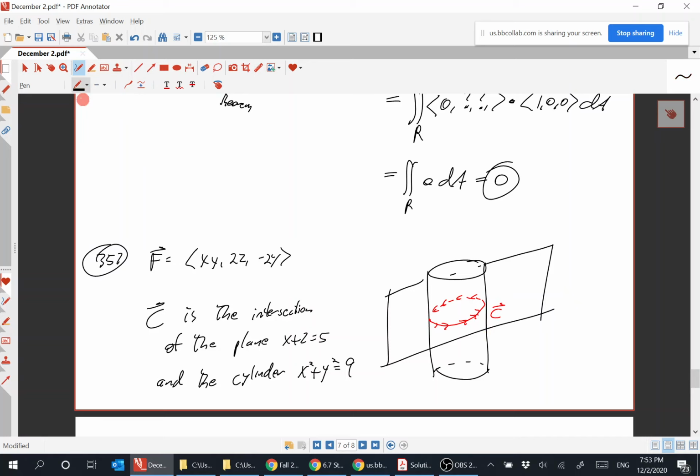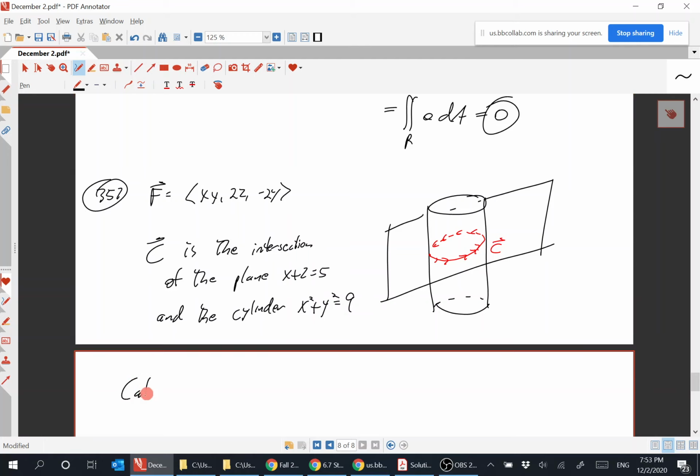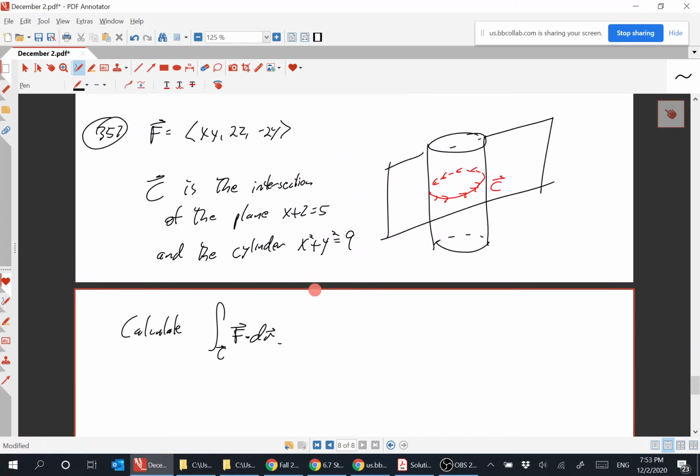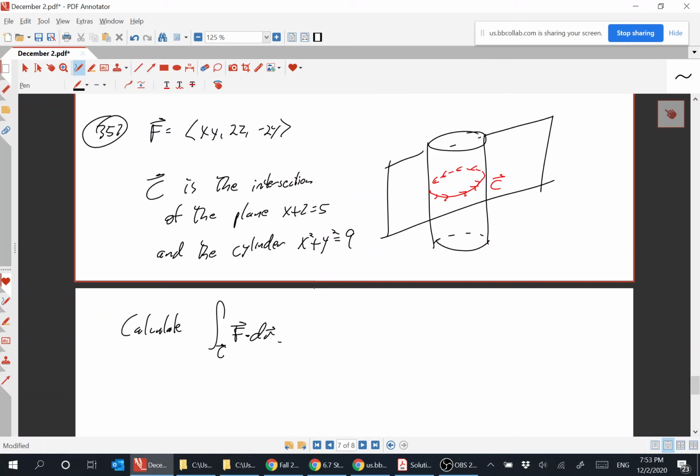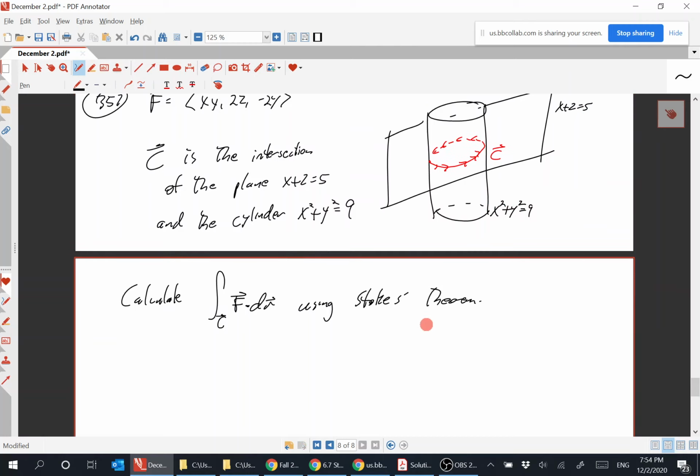So calculate the line integral over C of F dot dr. So here, using Stokes' theorem, I should label these x squared plus y squared equals 9.